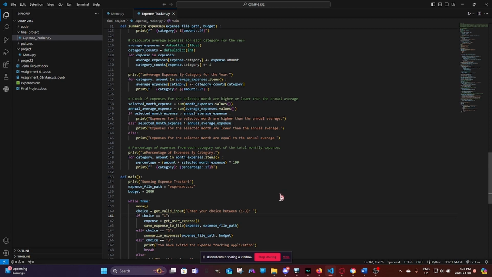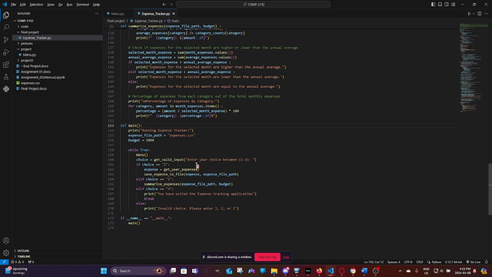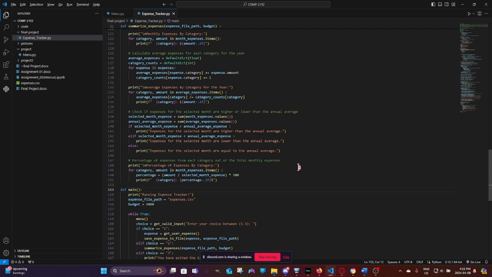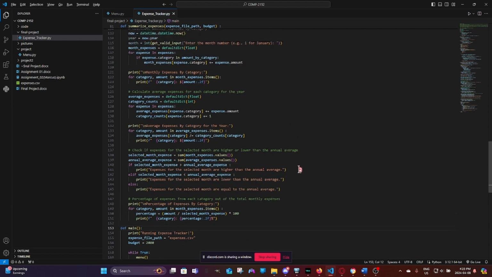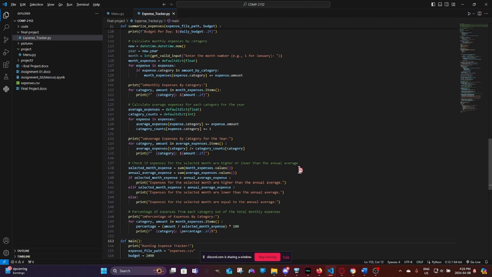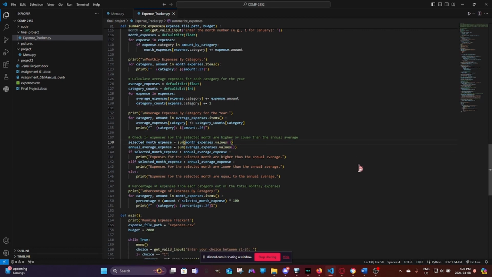So we just need to put the input, and it will show us how well or how bad we are doing in the budget. Maybe we can also track if we put any wrong input, it will tell us to do it again.